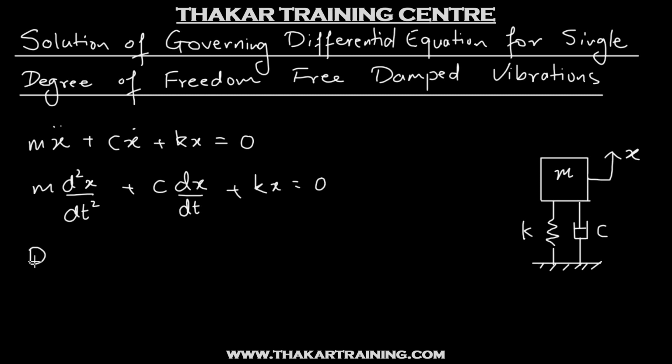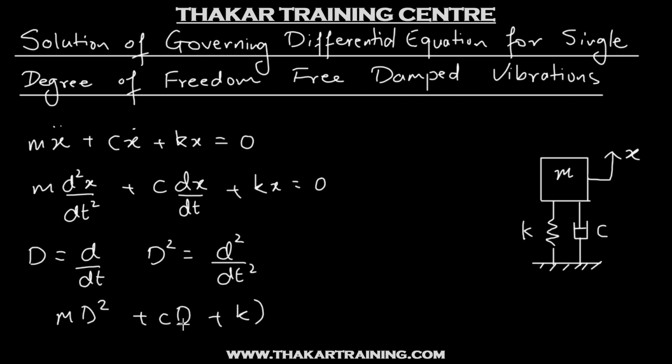Now if I introduce the operator D, that is d by dt, and D square is d square by dt square, then the equation looks like (m D square plus c D plus k) operated on x equal to 0.